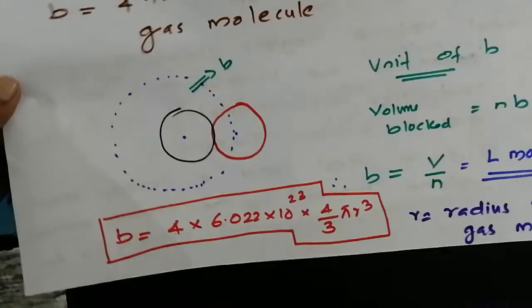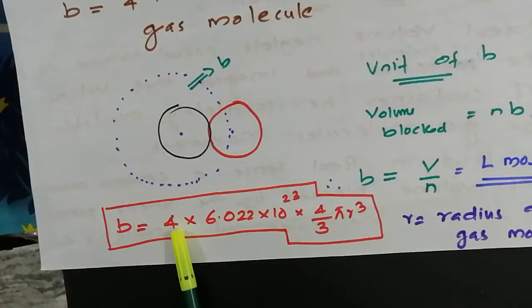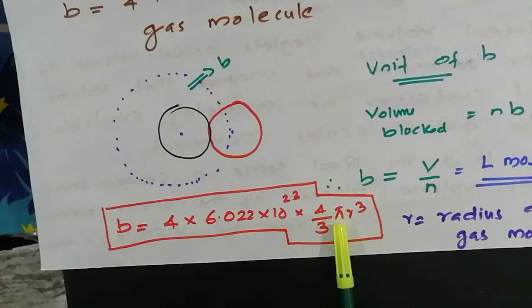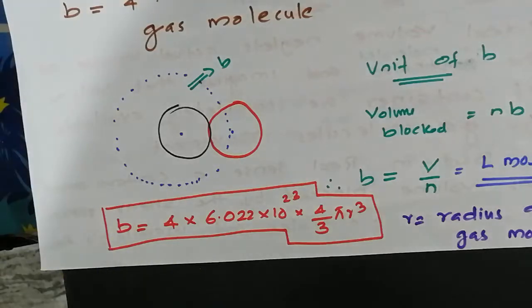b is equal to, I said, 4 times the actual volume of the gas molecule. 4 into 4 by 3 pi r cube, which is the actual volume of one gas molecule, into Avogadro number, 1 mole. Therefore, b is in real sense 4 times the actual volume of 1 mole of gas molecules.